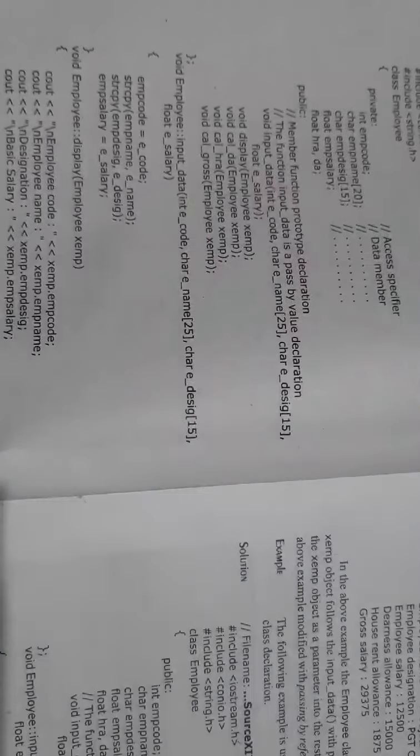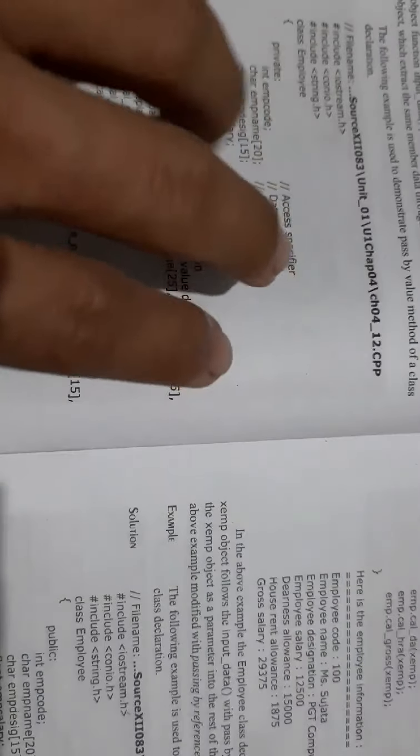Now, to execute da equals 1.20 into, same way, where is this value stored? Under the xemp object, and under which variable? emp_salary, right? That way we are able to access the salary data that was stored under the xemp object. Similarly the two other function bodies will be executed in the same way. So this pass by value method shows that the object can be passed as a function argument.